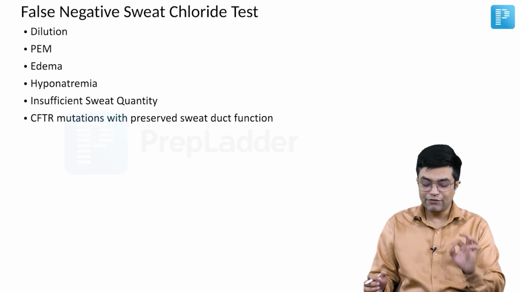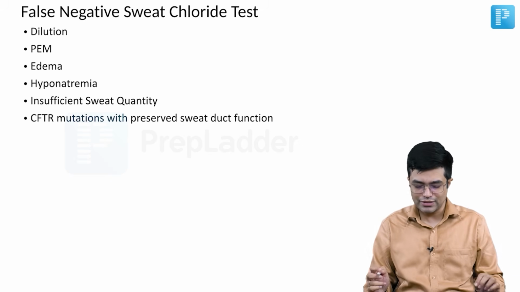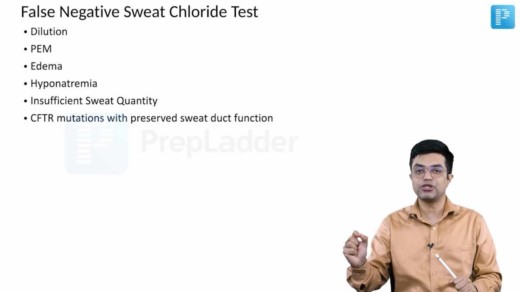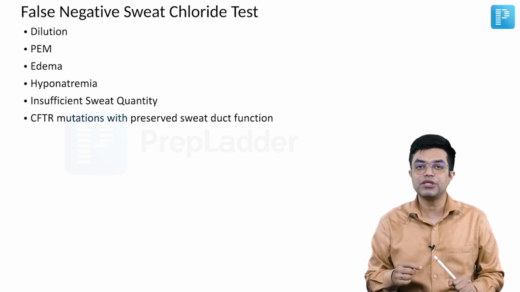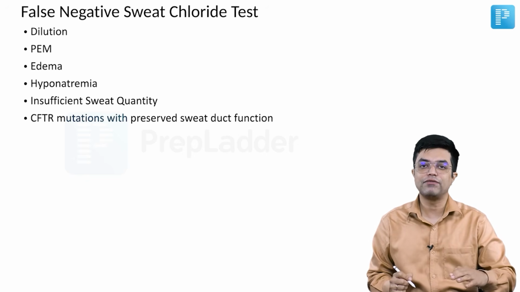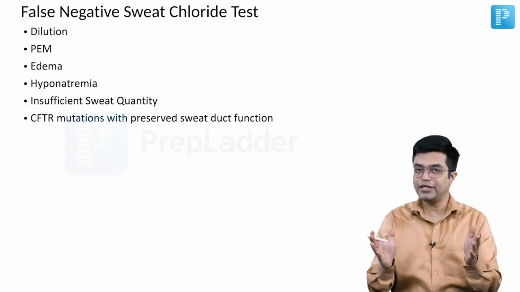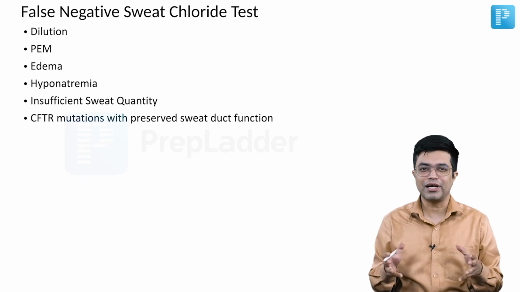And then CFTR mutations with preserved sweat duct function. If you look at the table in Nelson, they have only mentioned the words CFTR mutations with preserved sweat duct function. So the next logical question becomes, what are the CFTR mutations where the patient has cystic fibrosis, but the sweat gland function is normal, and so you will not have a raised sweat chloride level.